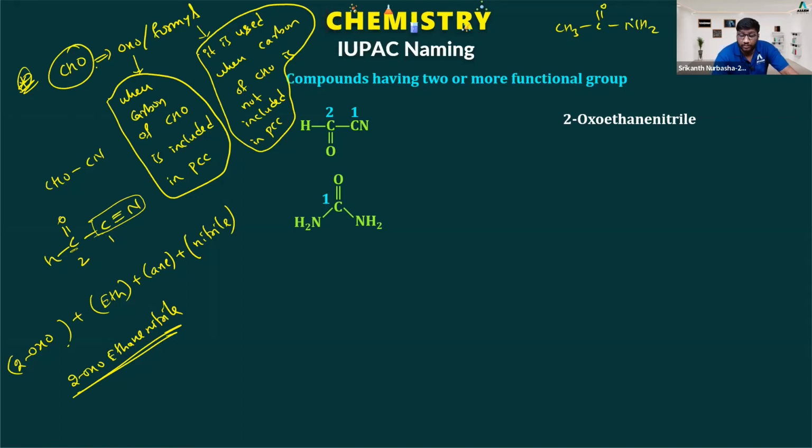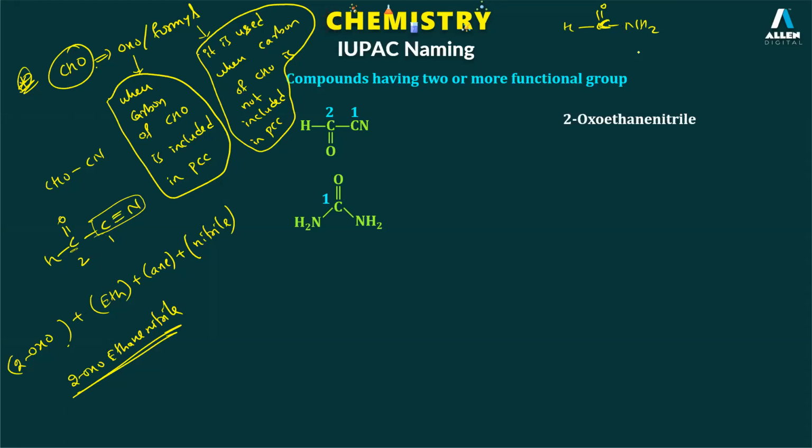What is the name of this? Ethanamide, right? Now let us make the change. HC double bond NH2. Methanamide. Now what am I doing?